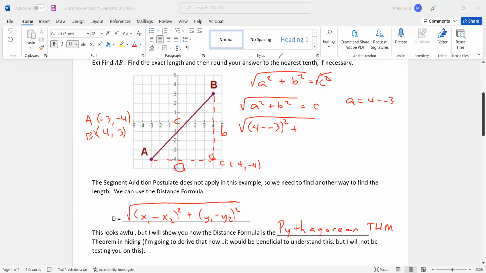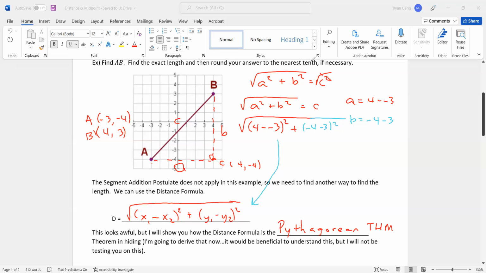Okay. For b, I'm going to look at -4, and that's going up to the y value in B, which is 3. I'm going to put that in here: (-4 minus 3) squared. And you can see something that looks a lot like the distance formula. Now, I've got most of the distance formula set up. I'm just going to go ahead and finish this one up. But that's how the Pythagorean theorem and the distance formula are related.